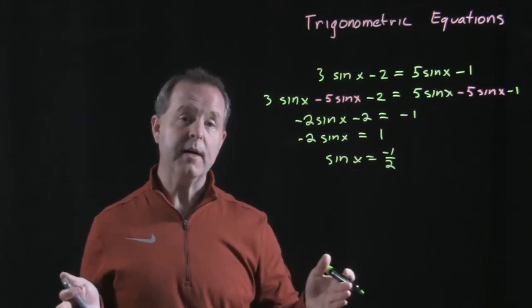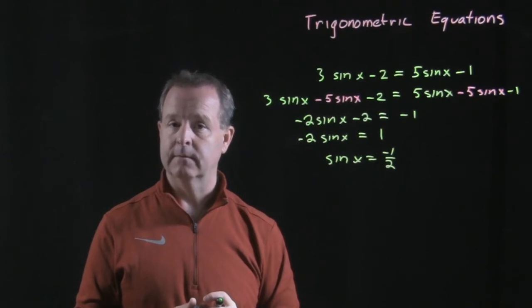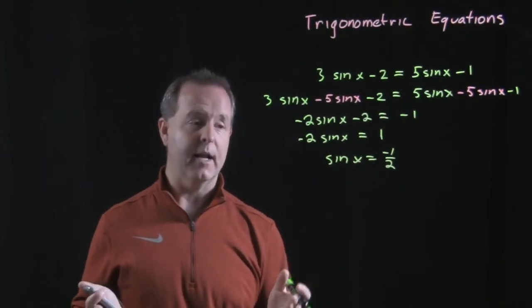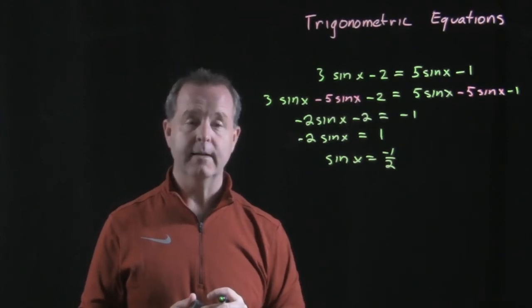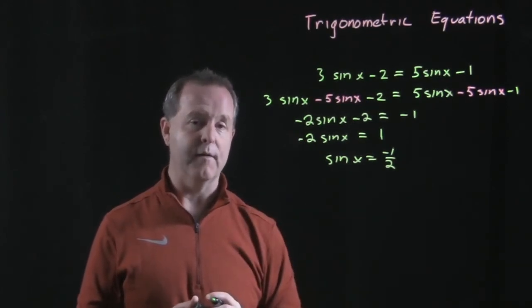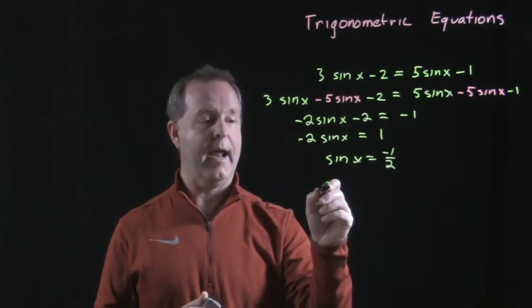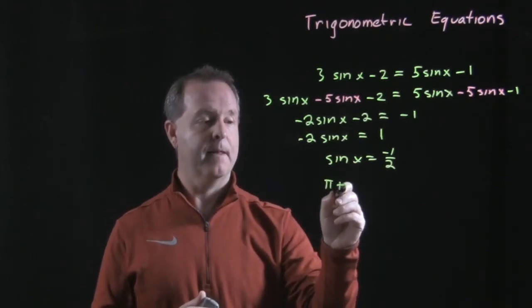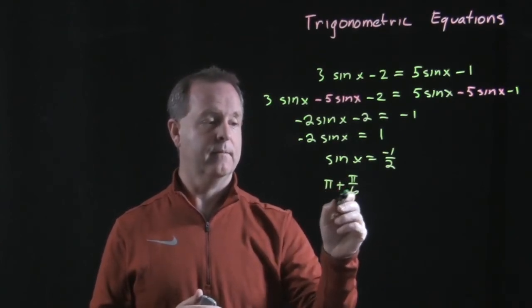So within the period from 0 to 2 pi, where is the sine negative? Sine is negative in the third and fourth quadrants. So what angle has a sine that is negative but also has a value of 1/2? We know that one is going to be in the third quadrant. So we're going to have pi plus the reference value of pi sixth.